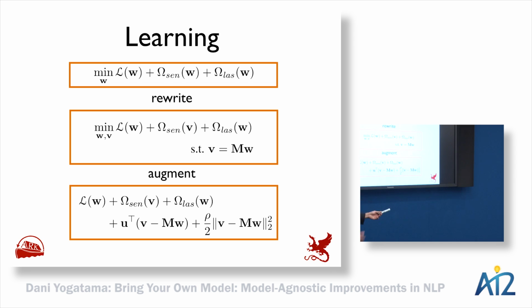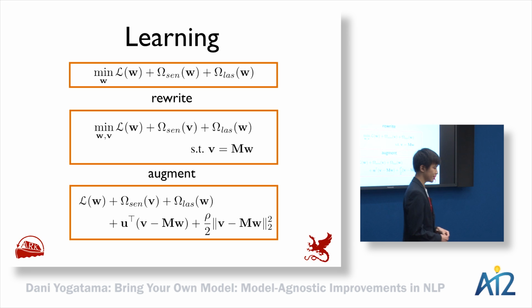We penalize the objective for violating the constraints, and we also introduce a dual variable u, which is the Lagrange multiplier. We've also added a quadratic penalty to speed up convergence, and we have a hyperparameter rho. So this is the new objective function that we want to optimize, which comes from those derivations.